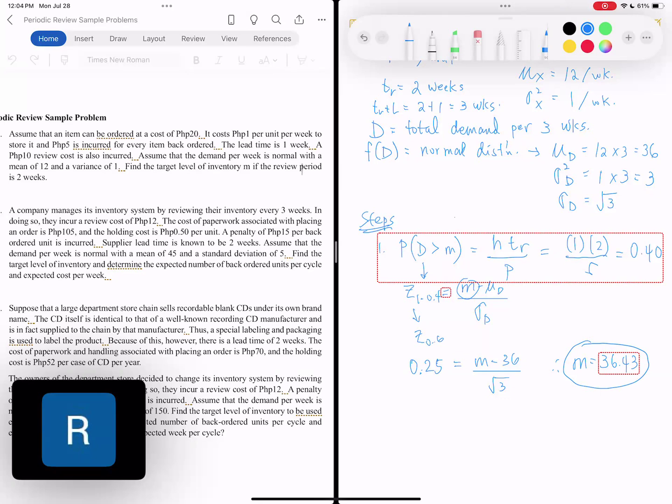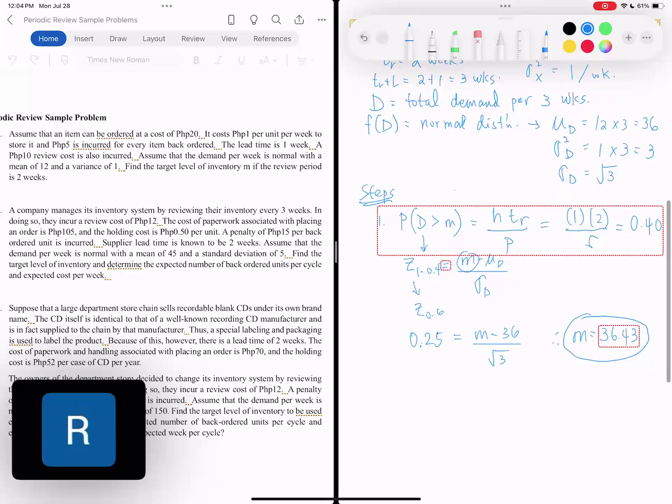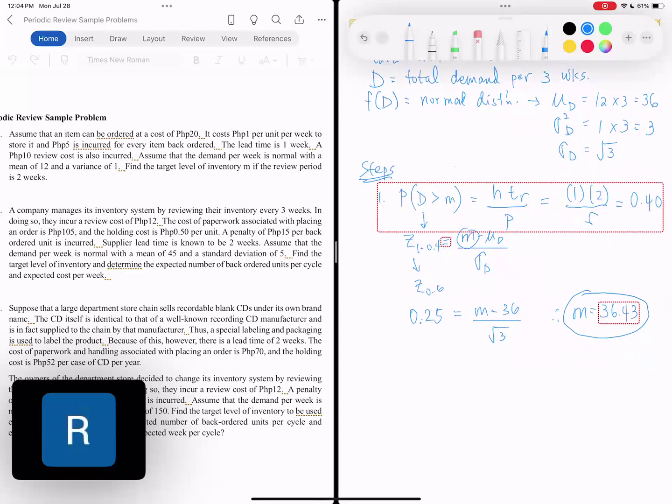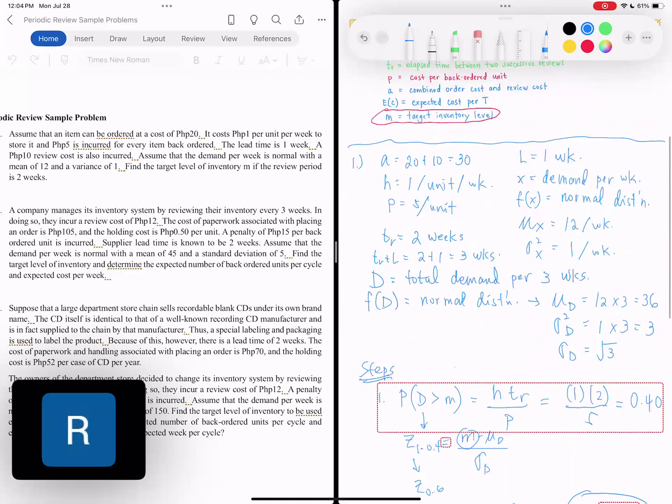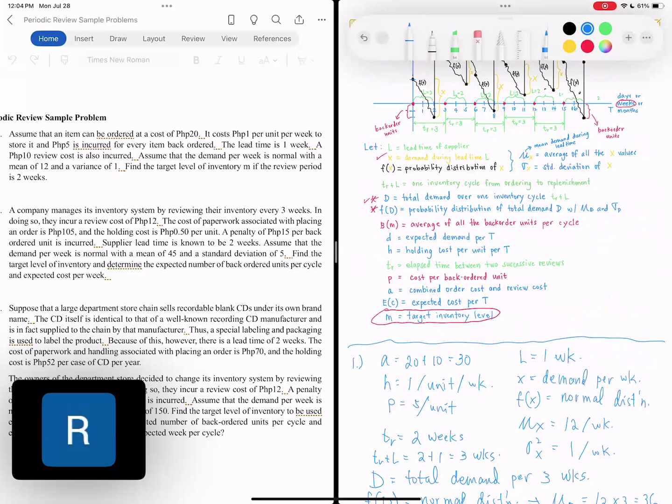Now, just for purposes of showing you other calculations, what the problem can ask is for every cycle. By the way, the definition of BM is always understood to be per cycle.